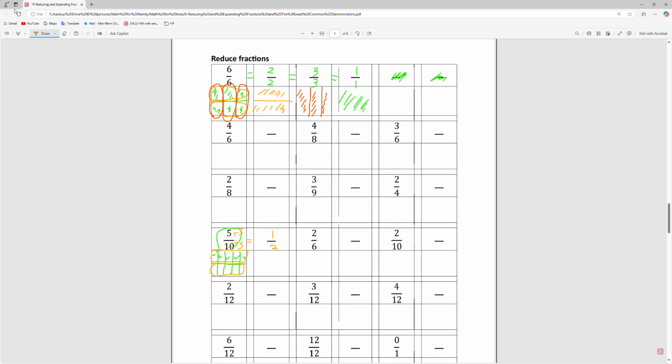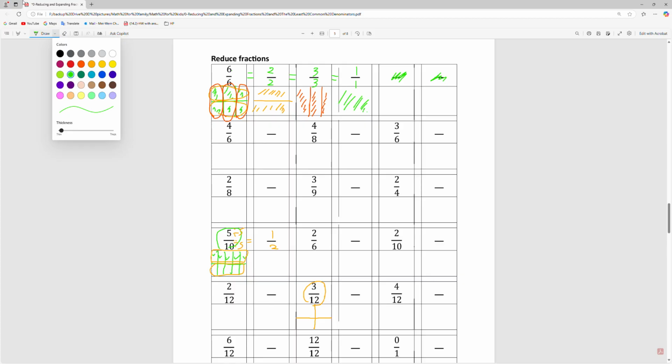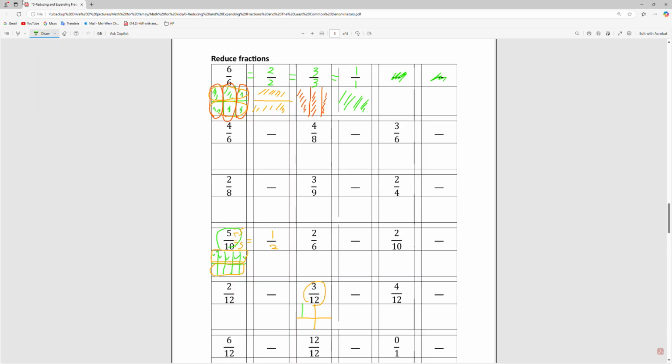And then let me try 3 over 12. 12 is an even number. So each piece you want to divide by 3. Okay, divide by 3. And you want the 1, 2, 3.